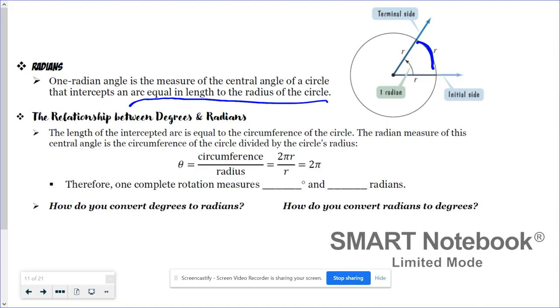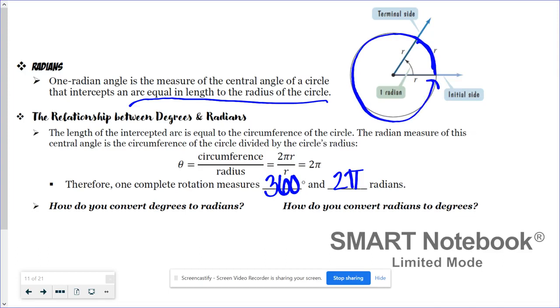And when you do that, you get 2 pi. What this is suggesting is that we know 360 degrees is what you get when you go around a circle completely in terms of degrees, and that's equivalent to 2 pi radians.